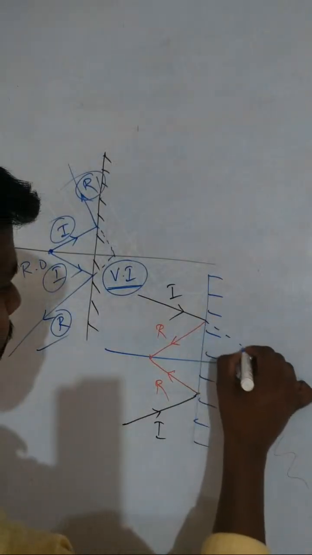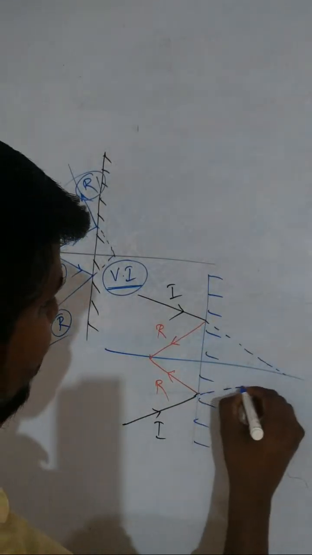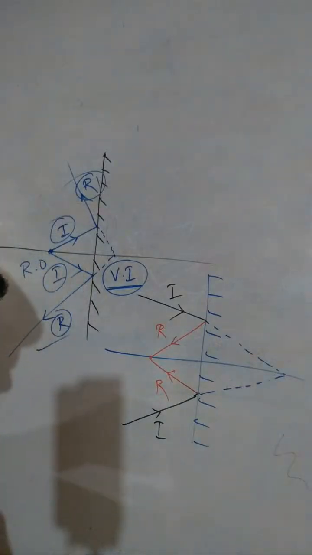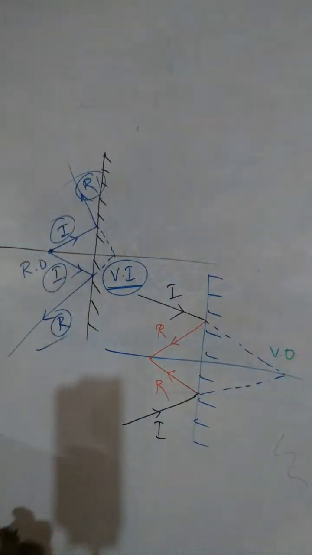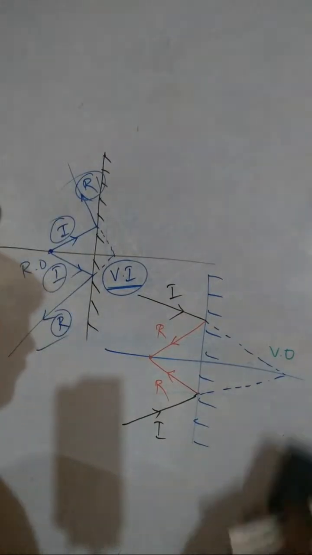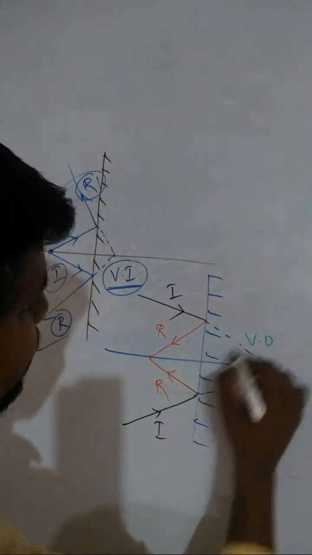Yes. If you extend these light rays, they will meet at one point. Here you need to observe: this is the virtual object. How can we understand this is a virtual object?